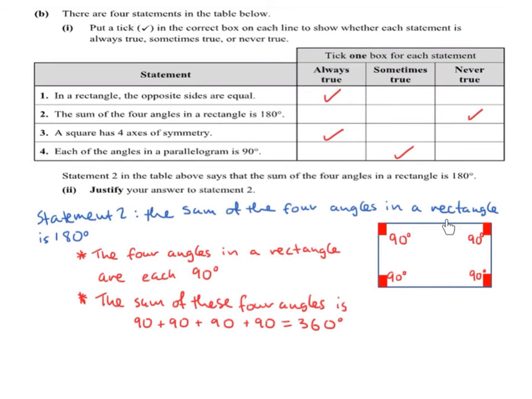So here's a rectangle, and each corner has an angle of 90 degrees. And the sum, which means add, of these four angles is 90 plus 90 plus 90 plus 90, which equals 360 degrees, not 180 degrees. So the statement that the sum of the four angles in a rectangle is 180 degrees is never true.